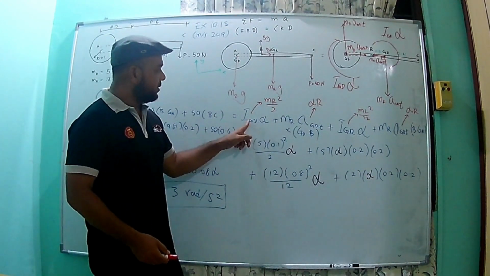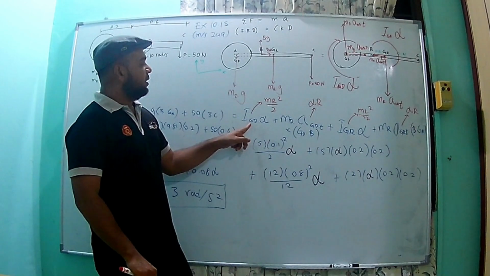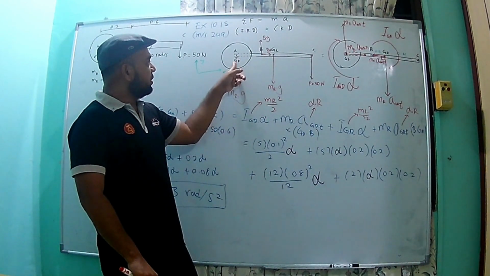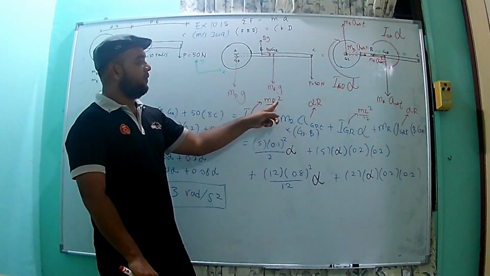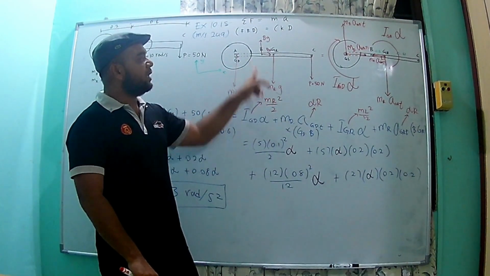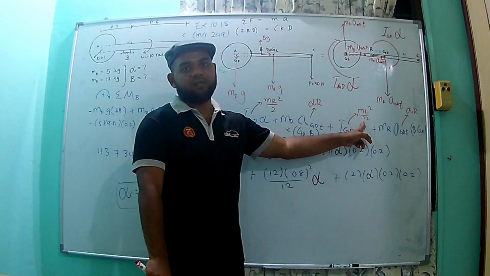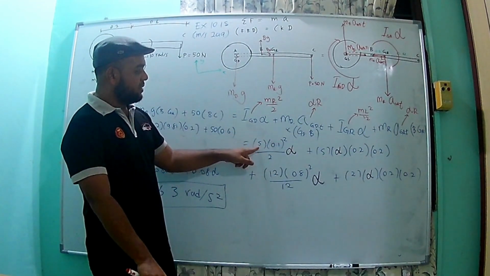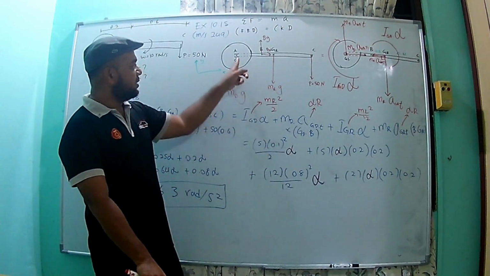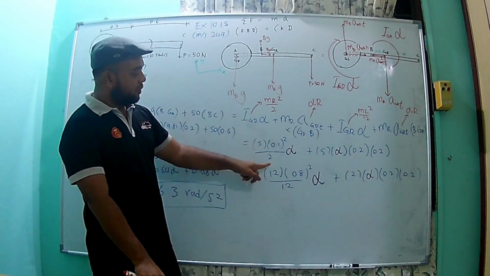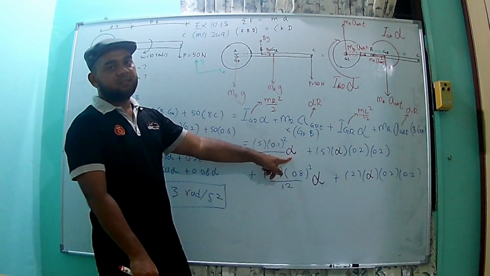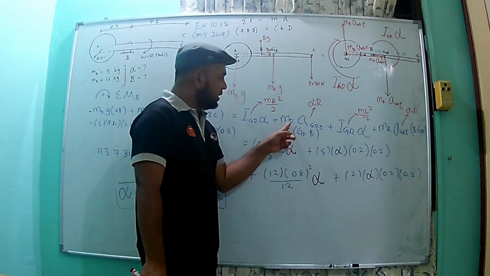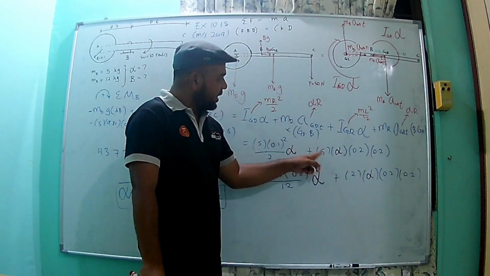For the other part, we have I. In this case, I for the disk is m r squared divided by 2, and I for the rod is m r squared divided by 12. So I replace it here. The m is 5, and r is the radius, 0.1 divided by 2. The alpha is the one we don't know, so we leave it as alpha. And this is m_D a, so m is 5.